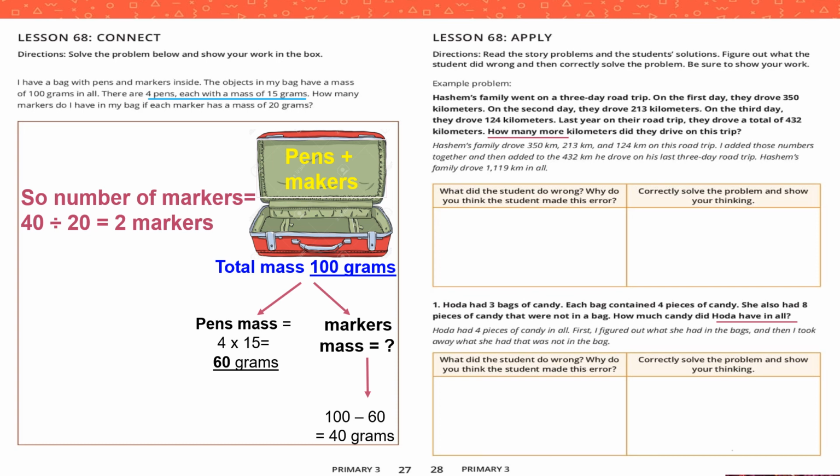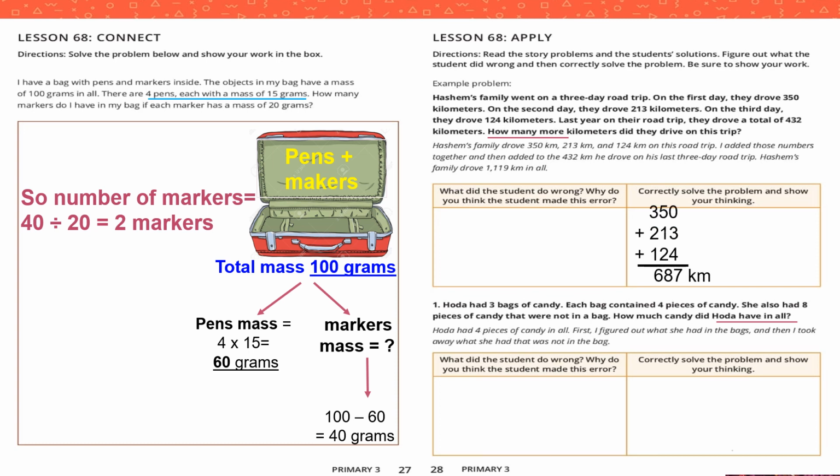So should I add or subtract? I know now the total of the kilometers in this trip, and I want to know the difference between this trip and last year's trip. So should I add or subtract? Sure, I should subtract.